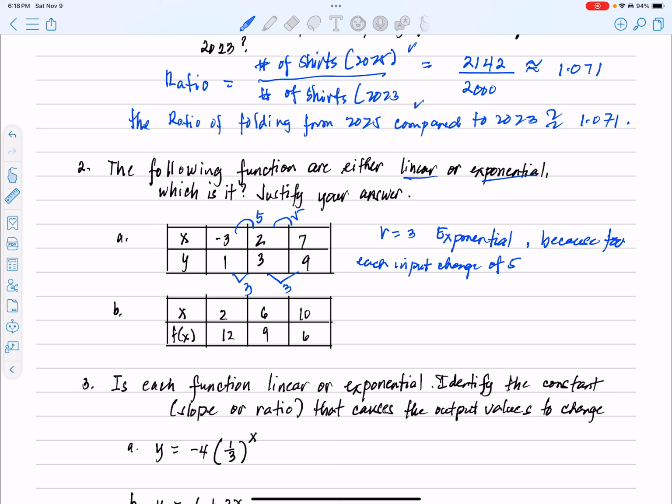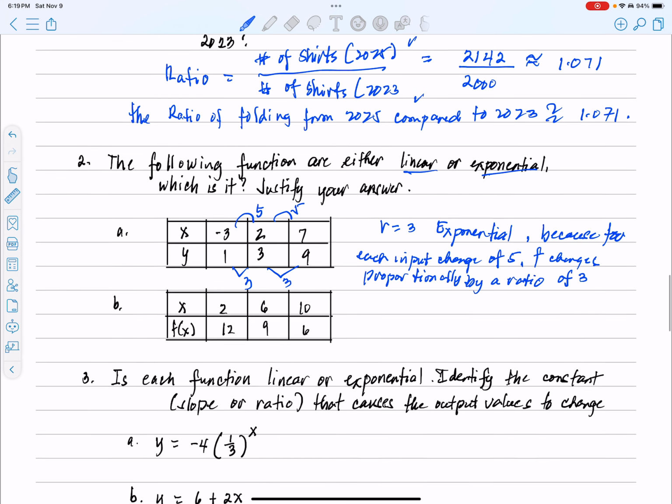F, that is the output, changes proportionally, by a ratio. We're talking about a ratio of 3.